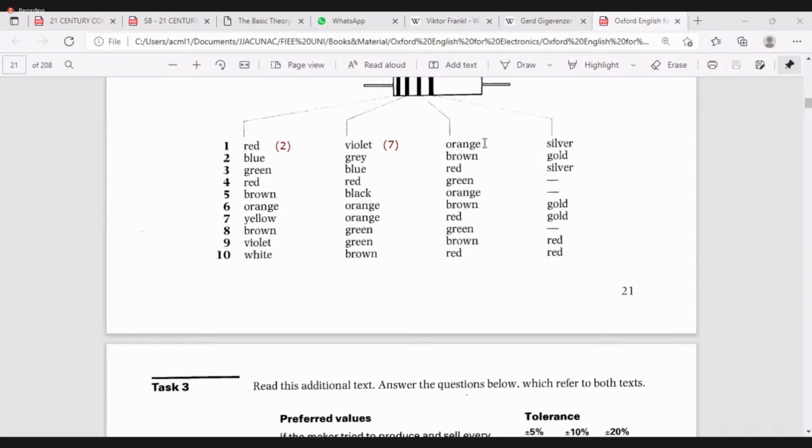What number is orange? 3. That means that our value needs to have 3 zeros. And then finally we have silver, where silver is 10%, tolerance. Okay, so we have all of that.